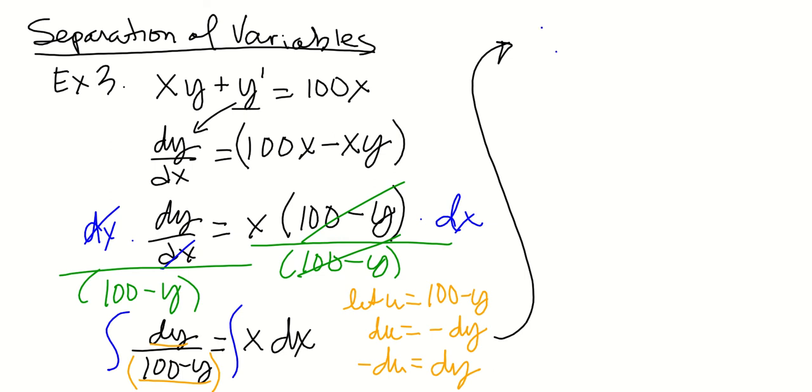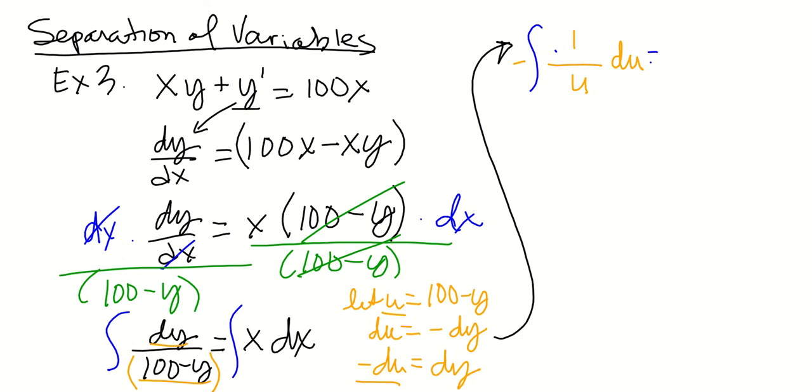So we now have the integral of not dy, but negative du. So I'm going to bring the negative out, and then there's du times 1 over, not 100 minus y, but u. That fits an integration formula, so we're set up.